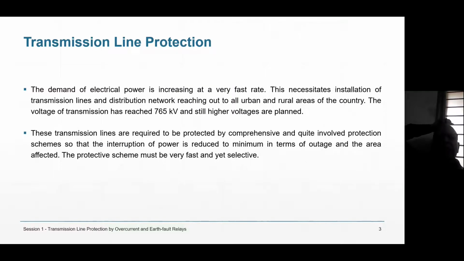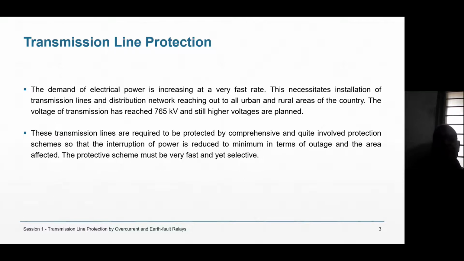The demand of electrical power is increasing day by day at a very fast rate. I have often told that in Gujarat, I know that on 1st May 1960, the installed capacity was 250 megawatt, and today it is more than 25,000 megawatt. So demand of power is increasing day by day.